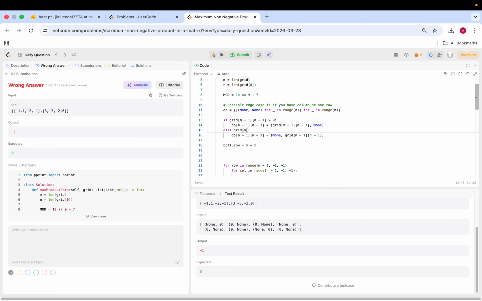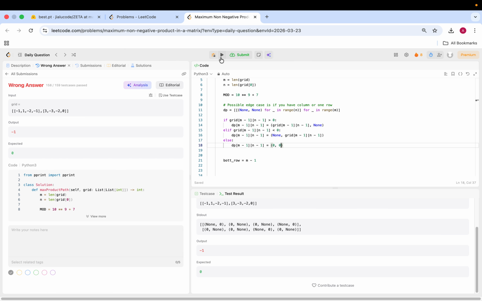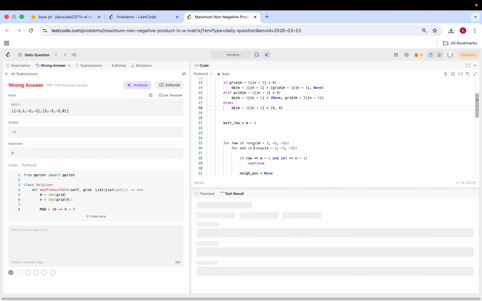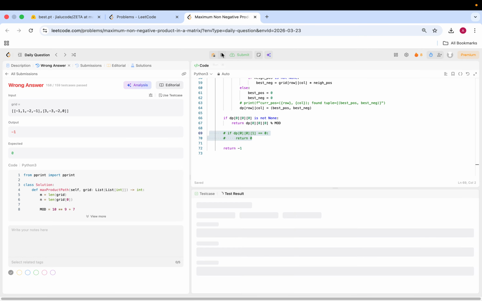If the grid at n-1 is less than 0, then else, this is where the problem initially arises. This thing should be equal to 0, 0. So the base case was wrong, actually. And then get rid of this. Sorry.